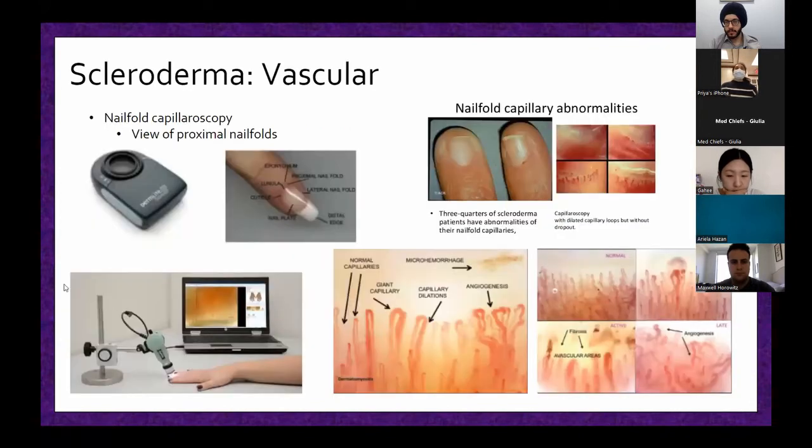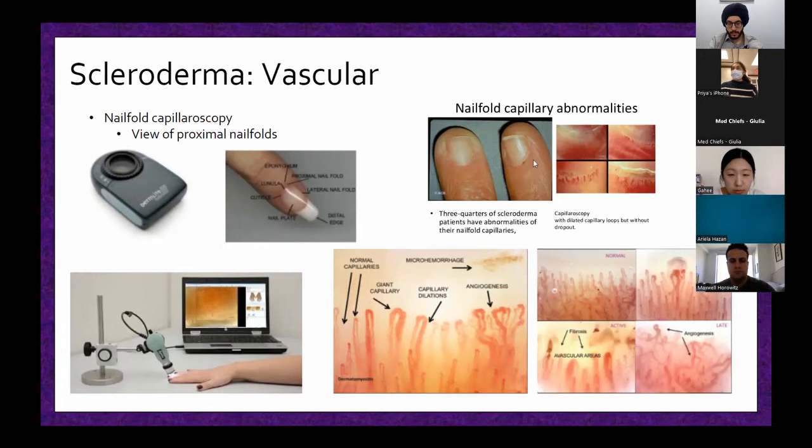I was mentioning before nail fold capillaroscopy. This is a cheap tool you can use in the office, and carry a dermatoscope. Basically looking here at the proximal nail fold for changes. Sometimes it's so severe or so obvious that you can see it even without the dermatoscope.